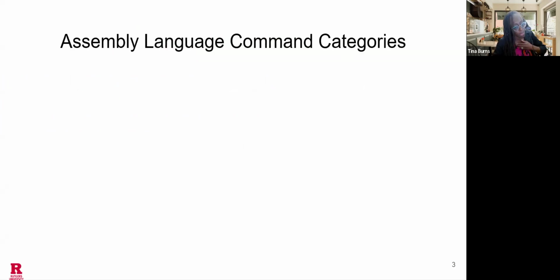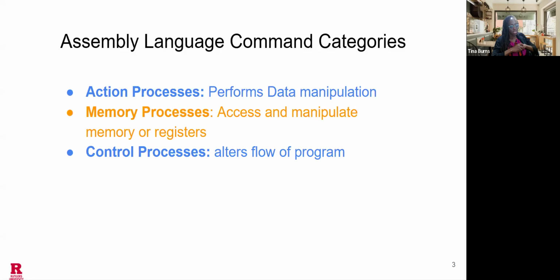I like to think about assembly language in steps. It helps us to understand a little bit better. We can think about the instructions being written in three categories. Your action processes, which help you perform data manipulation, like, do I want to add, subtract, or compare two data items, or other processes like that.